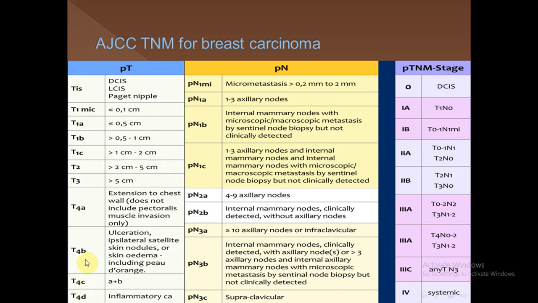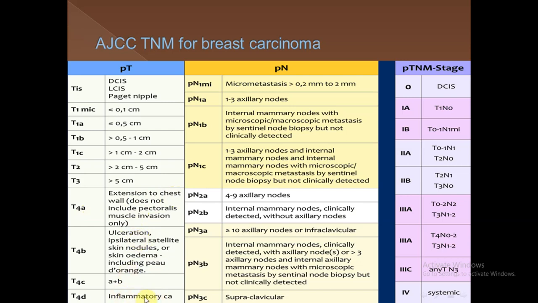T4, we put the tumor under T4 regardless of the size of the tumor. We put the tumor in the T4 category if there is extension to the chest wall, or if there is skin ulceration, or if it is inflammatory carcinoma, or we have both chest wall invasion and skin ulceration.